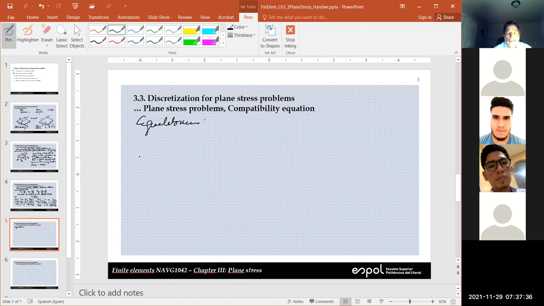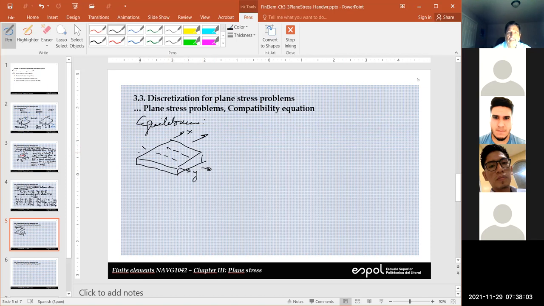Okay, let's suppose that we have a plate here. This is the X direction, this is the Y direction, and we know that we have forces like this. We're going to take an arbitrary element here, defined between these two lines.